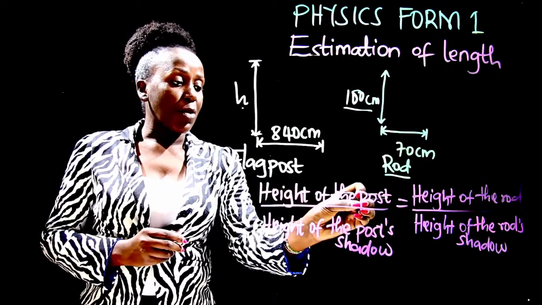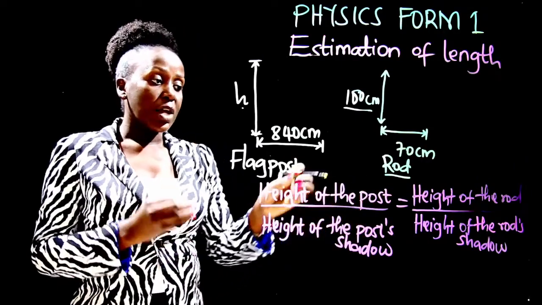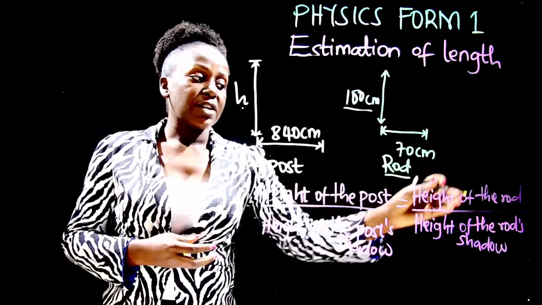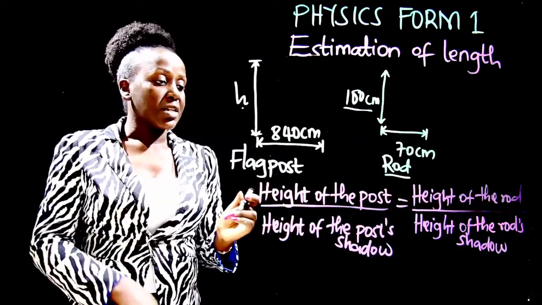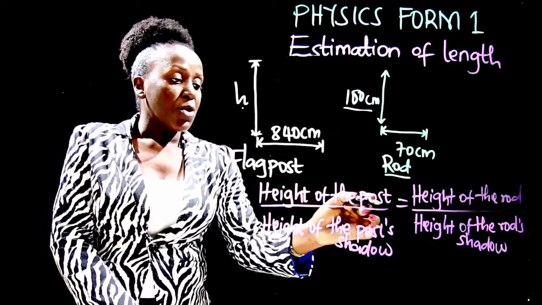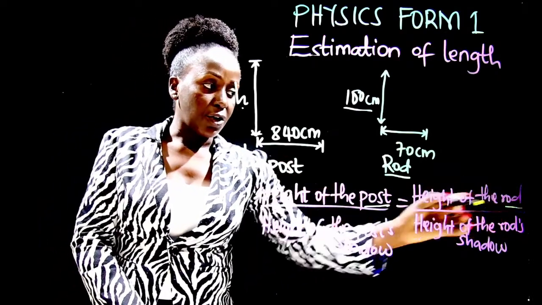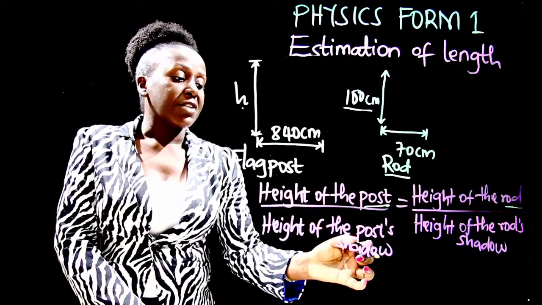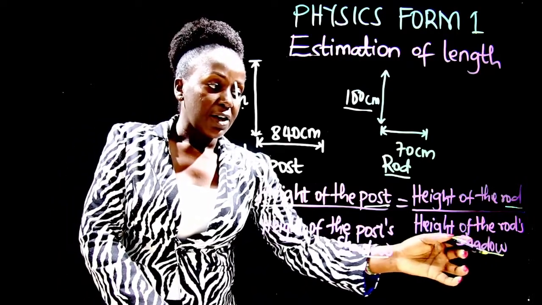So the height of the post over the height of the shadow of the post will be equal to the height of the rod over the height of the shadow of the rod. Notice that at the top we have the objects, the post and the rod, and at the bottom we have the shadows, the shadow of the post and the shadow of the rod.